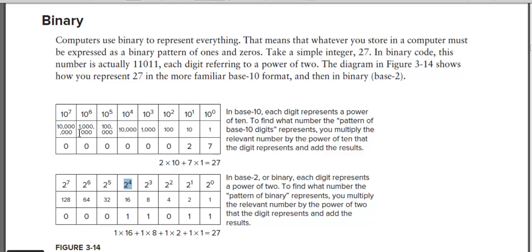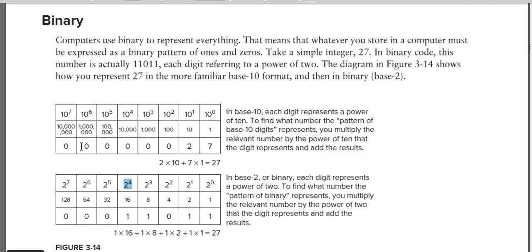So if we write this number, 11011, what does that equal? It means 1 times 2 to the 0, which is 1, and 1 times 2 to the 1, which is 2, and 0 times 2 to the 2nd, which is 0 times 4, which is 0, and 1 times 2 to the 3rd, which is 8, and then 1 times 2 to the 4th, which is 16.